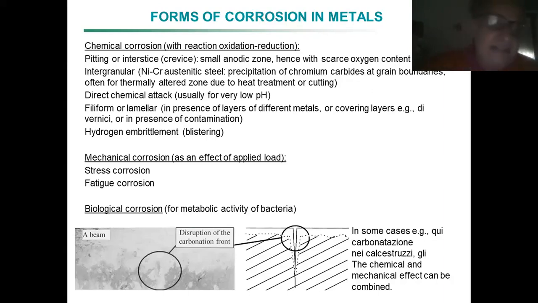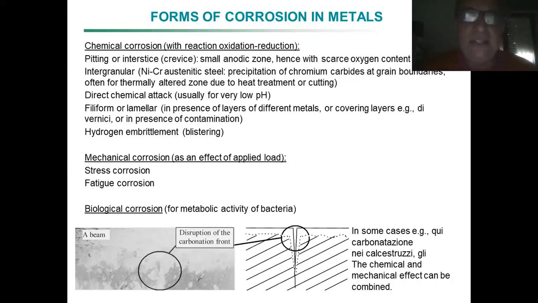Then you have hydrogen embrittlement, because in the long run, there is exposure to hydrogen, which might also come from long-time exposure to acids, because of course hydrogen ions are released by acids. This is a phenomenon which is not completely clear, I would say, whilst all the previous examples I was giving are pretty clear in engineering terms.